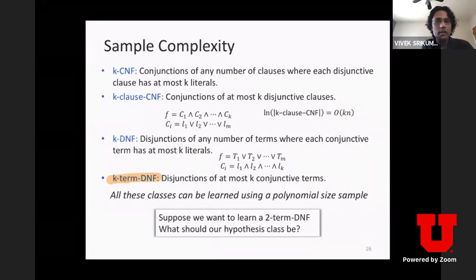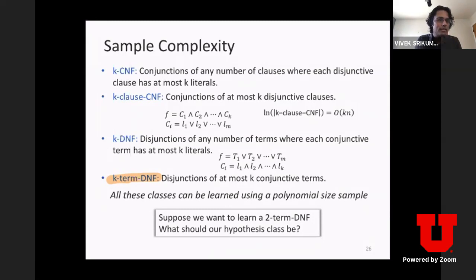We can ask, suppose I know that nature is choosing a 2-term DNF to represent its true concept. What set of functions should our learning algorithm explore? Now, this seems like a naive question.